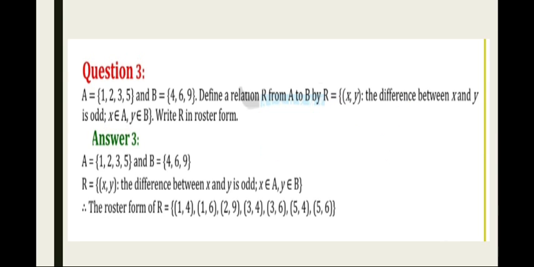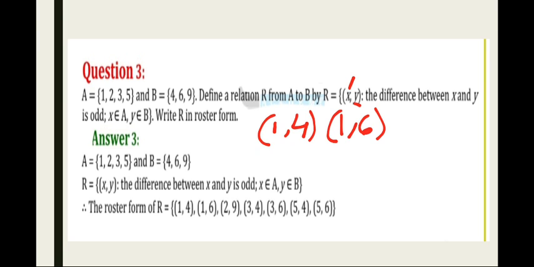Clear? So, the first element has to be from A and the second element has to be from B. If you take the first element 1, the second element you can write as 4, because 1 minus 4 is equal to minus 3, which is an odd number. Similarly, you can take 1, 6, the difference will be 5.